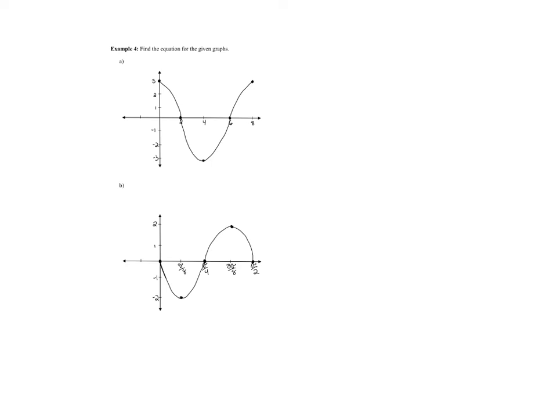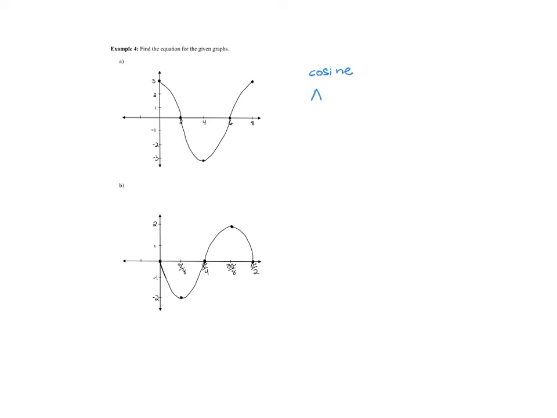We should also start to be able to look at the graph of a sine or cosine curve and write the equation for it. So if I look at example 4 in letter A, I see that that starts at a max and goes down to a min and back up to a max again. That's a cosine curve.